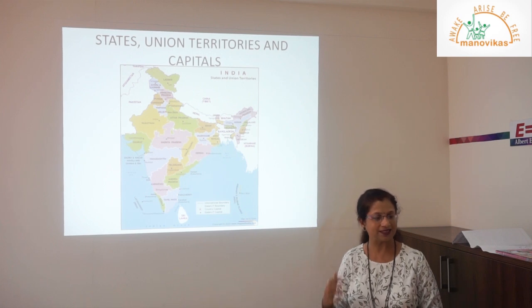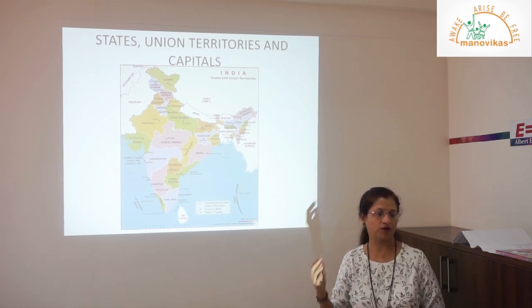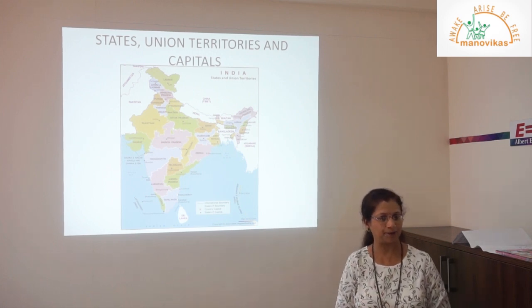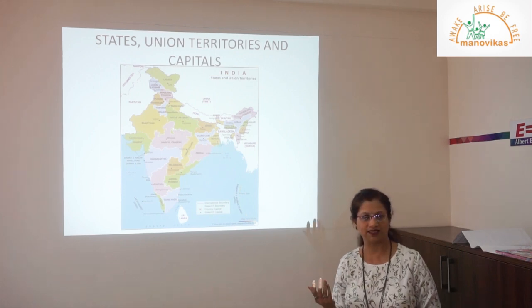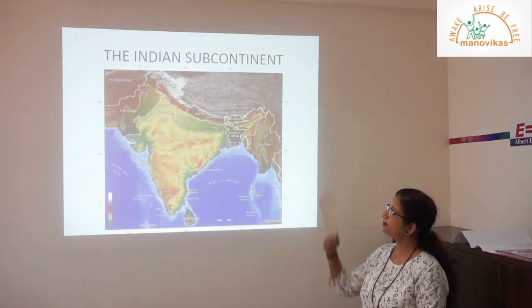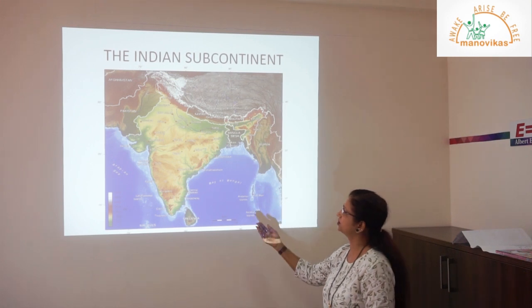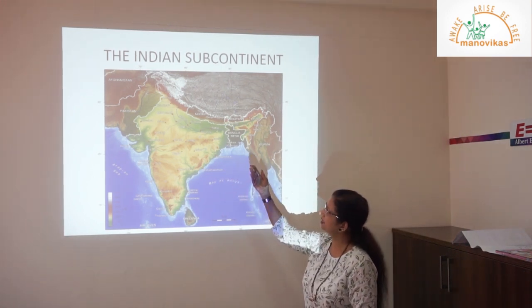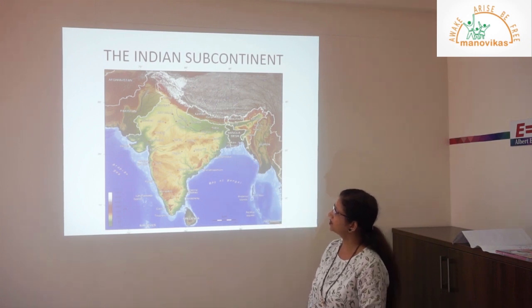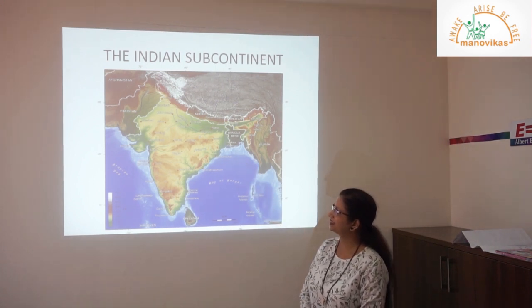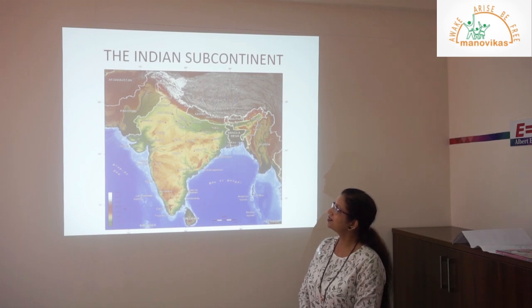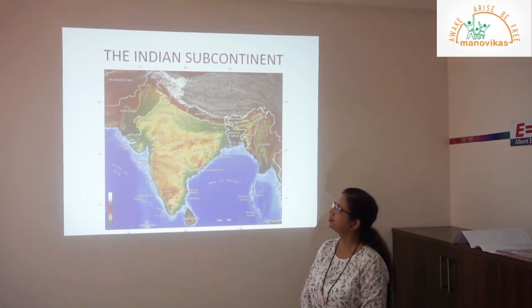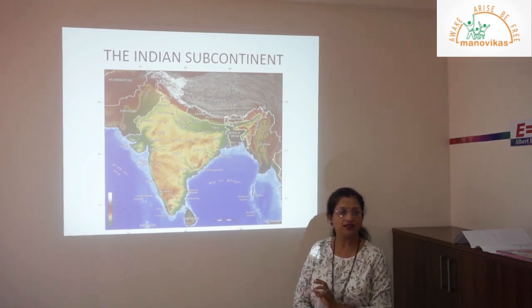In this lesson, our main focus will be on the physical map of India and the political map of India. The physical map gives us a lot of features, like it shows us the mountains, the hills, the rivers, the plateaus, the desert. So this concludes the physical features of our country.